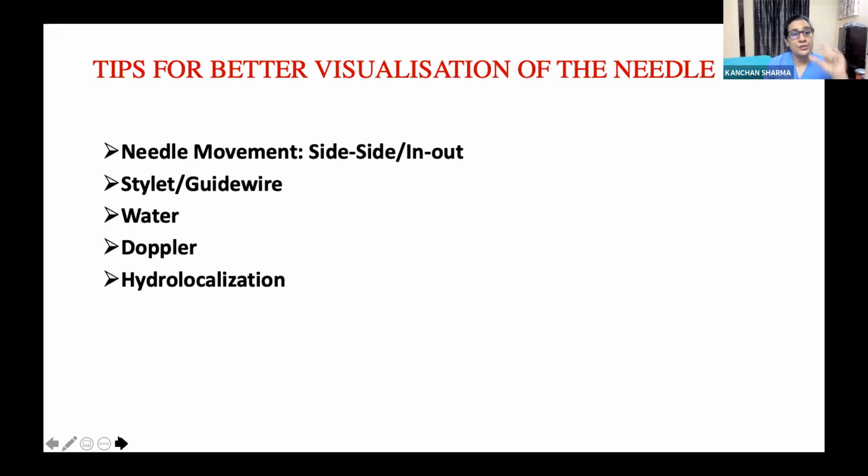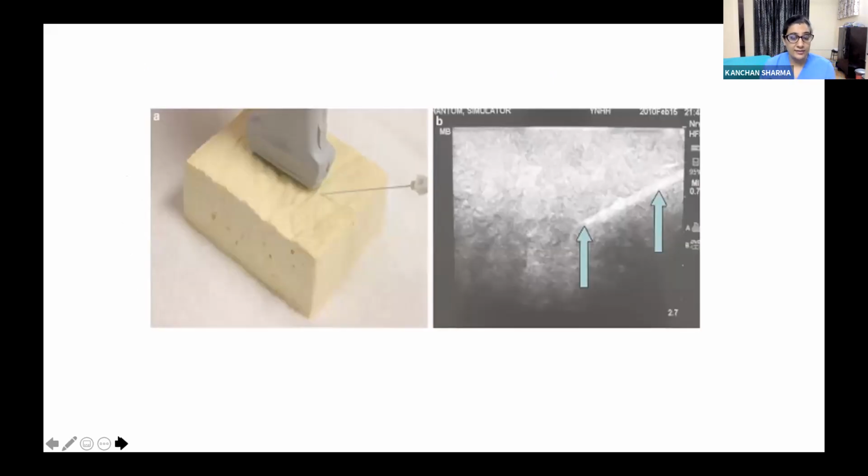Sometimes you can switch on the power Doppler and move your needle. So Doppler will be sensing the movement, right? Doppler is going to tell you where exactly your needle is. And finally, you can use small aliquots of normal saline and do a hydrolocalization just to find out where exactly your needle is.